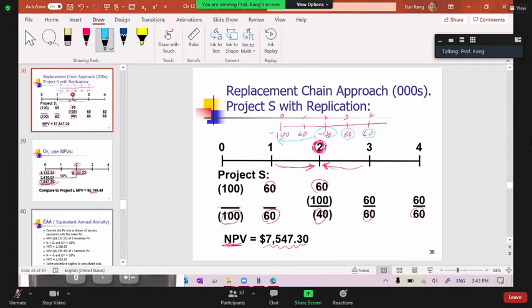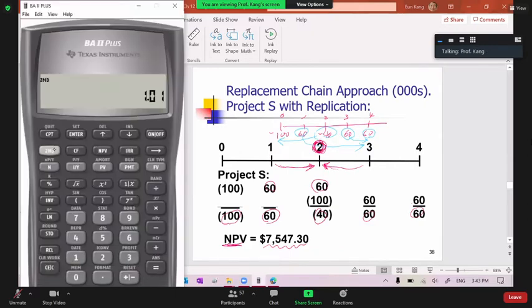But this one is year 3, so move it to year 4. And this one is year 1, so move it to year 4, right? So first, let's get present value of 40 using our technology. Second, clear TVM. 40 future value, 2N, 2 year, and 10 IY, and compute present value, 33.06.